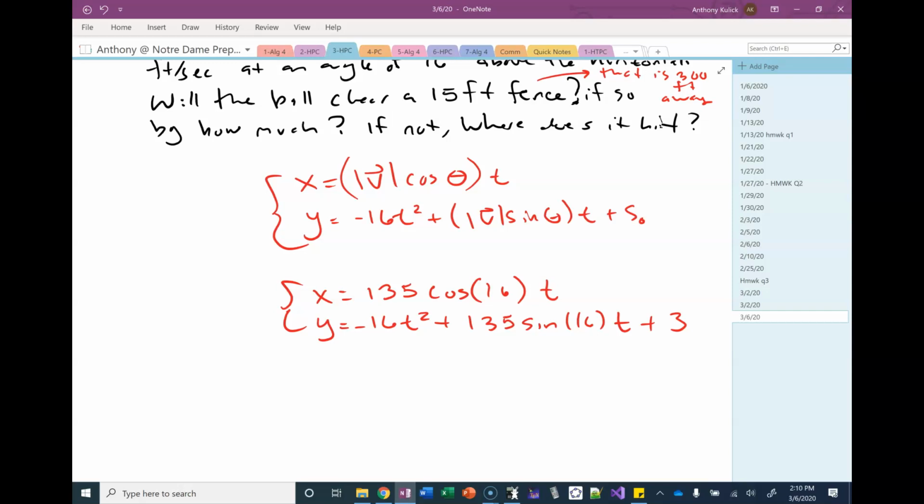What I'm going to do is take 300 feet and plug that into x to figure out how long it takes the ball to go 300 feet.